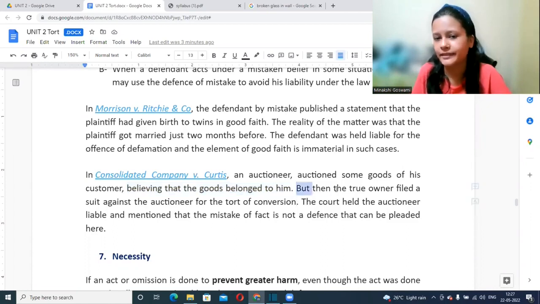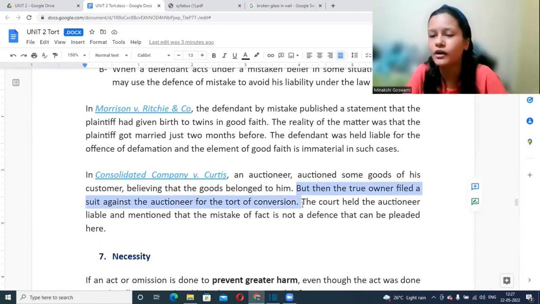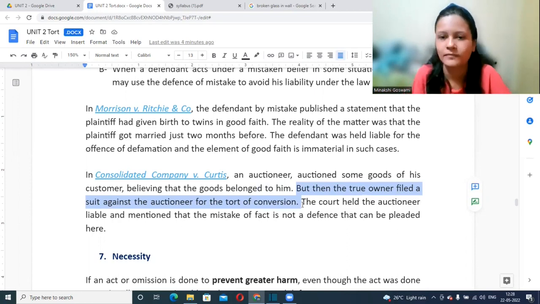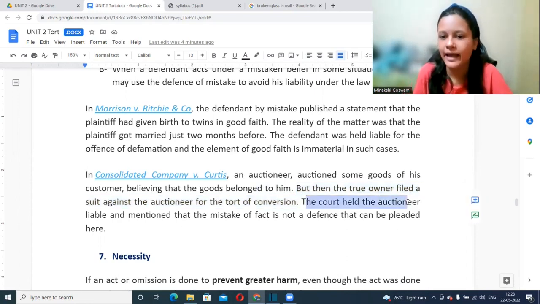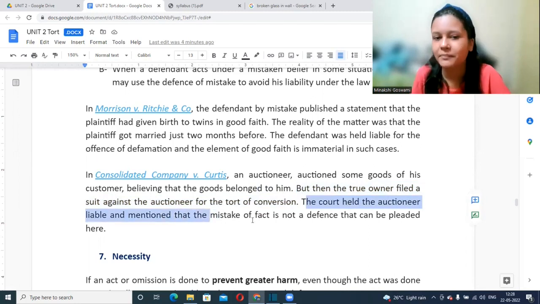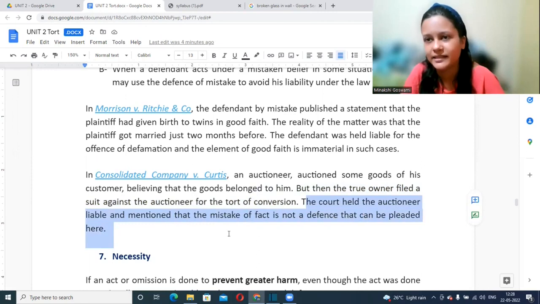Later on, what happened is, true owner of those goods filed a case against the auctioneer for tort of conversion. Those were my goods. You have sold it to someone else without my permission. So the true owner or the real owner filed a case against the auctioneer to claim for damages. The court held auctioneer liable and mentioned that mistake of fact is not a defense that can be pleaded here.